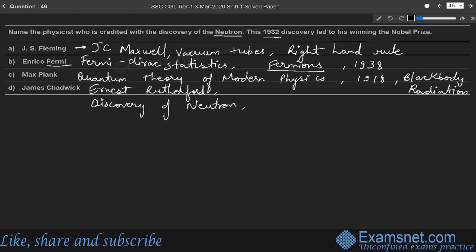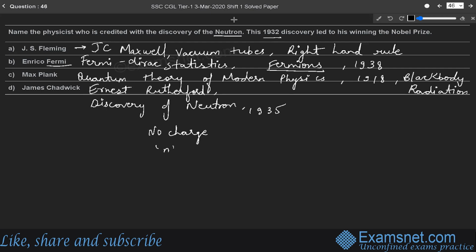And he was also given Nobel Prize in the year 1935. Neutron is a neutral particle. It is the constituent particle of the nucleus, and neutron has no charge. The symbol for neutron is N.